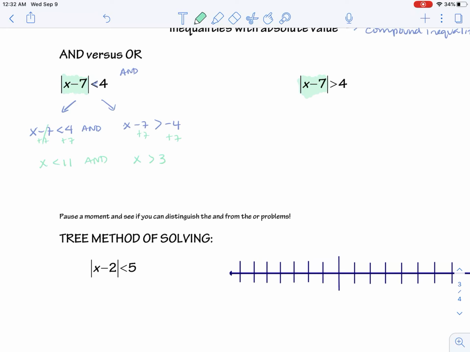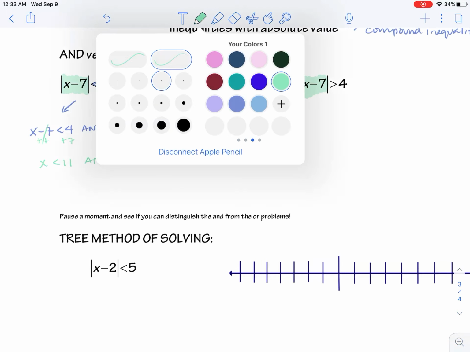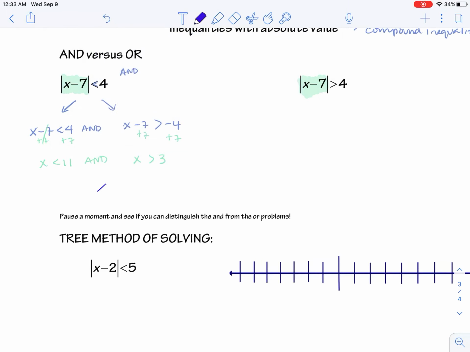Now, when you go to graph that, I think it's easier to write it as a single statement, but you can choose to do it in two pieces. If we're going to write it as a single statement, though, I think this is what we should do. We've got our x in the middle. We're going to put our larger number down here. So that's 11. And look, it's eating the 11 here.